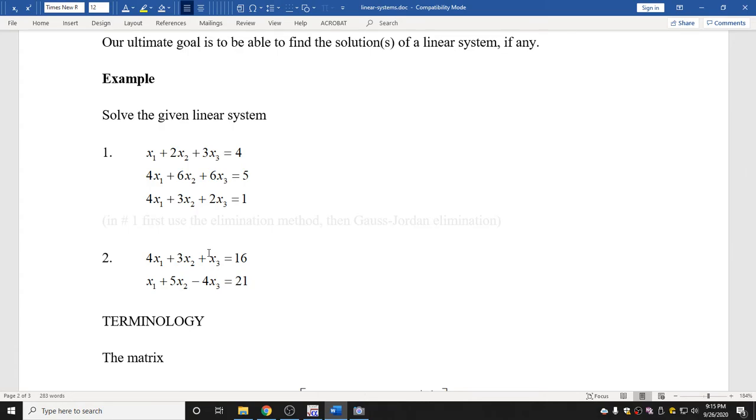So first column is 4, 1. Second column is 3, 5. Third column is 1, -4. And then the last column is 16, 21.